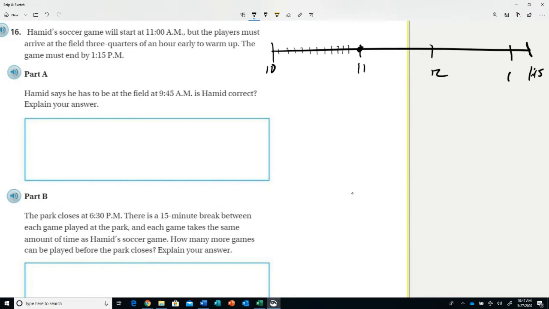So 5, 10, 15, 20, 25, 30, 35, 40, 45. This is 10:05, 10:10, 10:15. He must be at the field by 10:15. So no, he is not correct. You explain how the math was worked here.